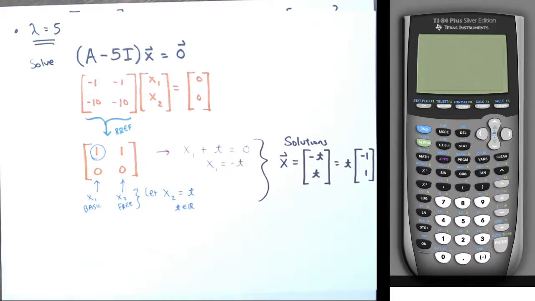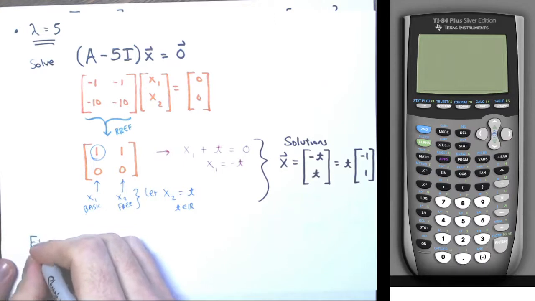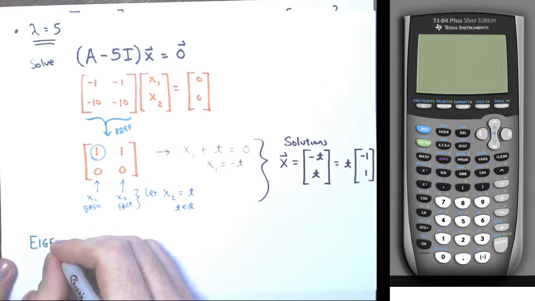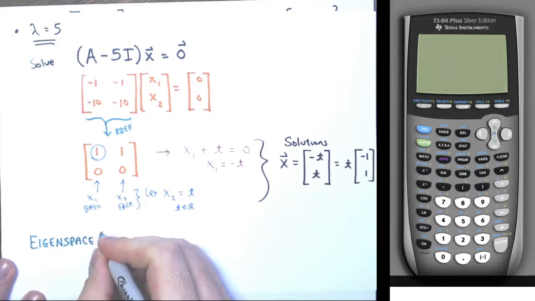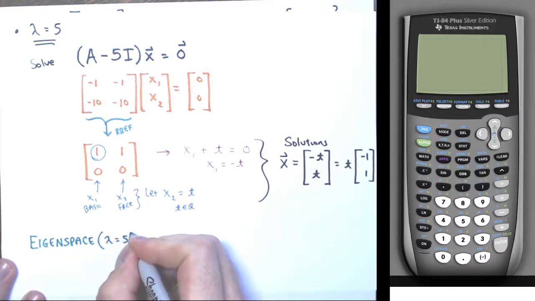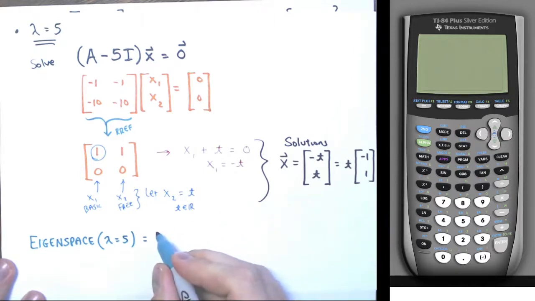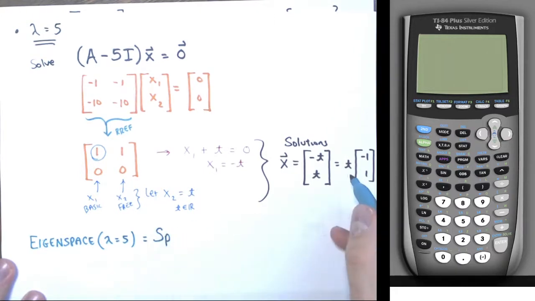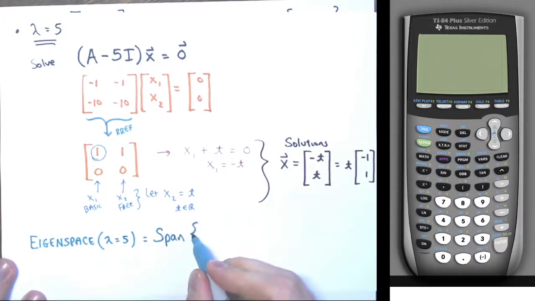Remember that the 0 vector is not an eigenvector. But the eigenspace of lambda equals 5 is the span of the set with the vector negative 1, 1. It's all scalar multiples of the vector negative 1, 1.